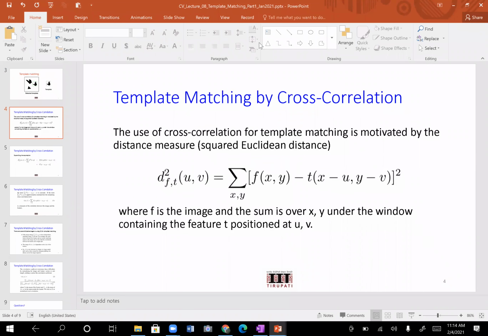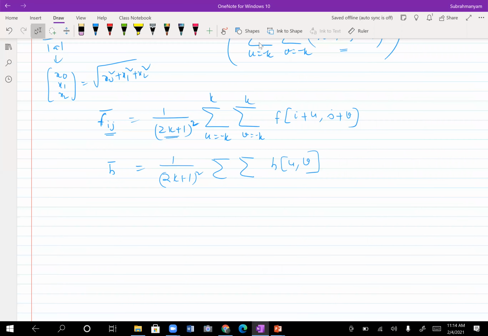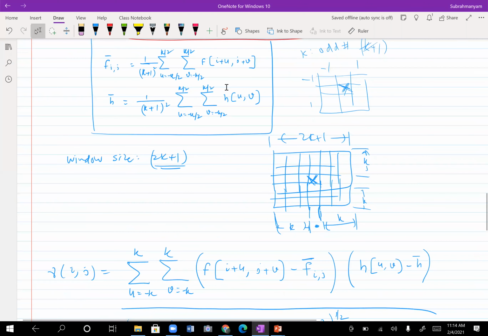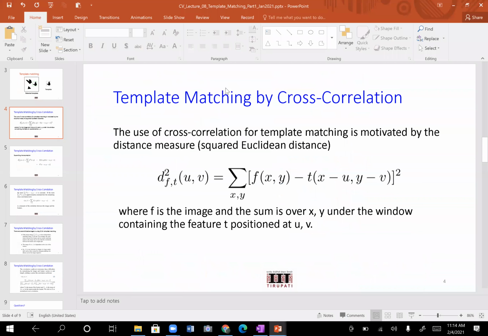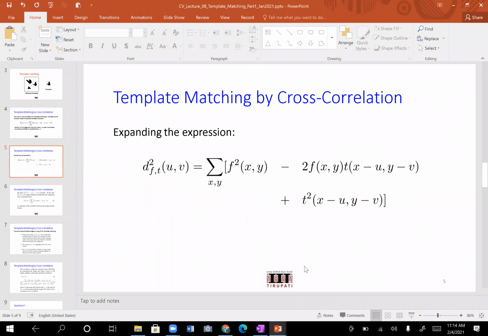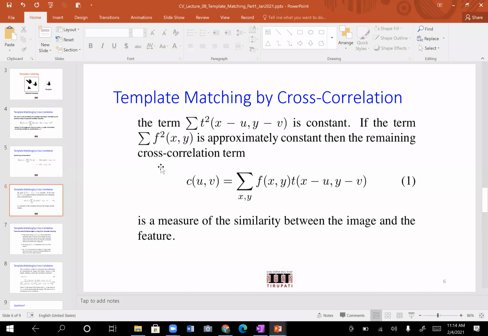Please write your own notes in these notations, because I have not put the effort to prepare these slides myself. I am just using some slides where the variables are different. You would still find equations similar to mine, except that I follow my own consistent notations. Where I have ij and uv, they have xy.